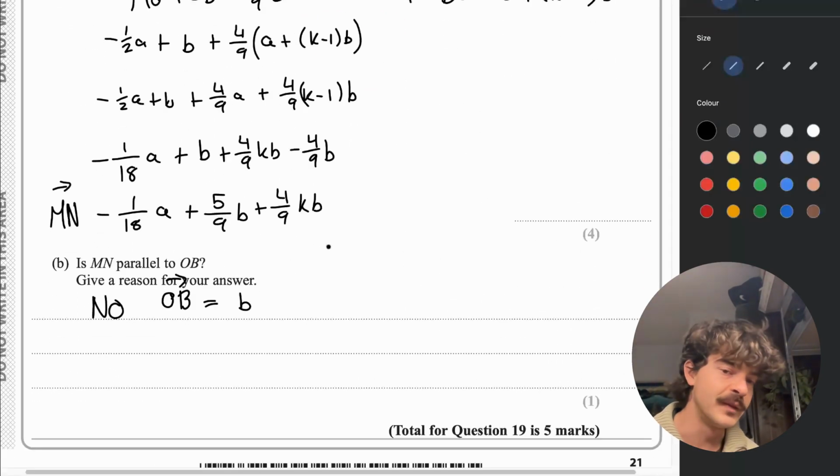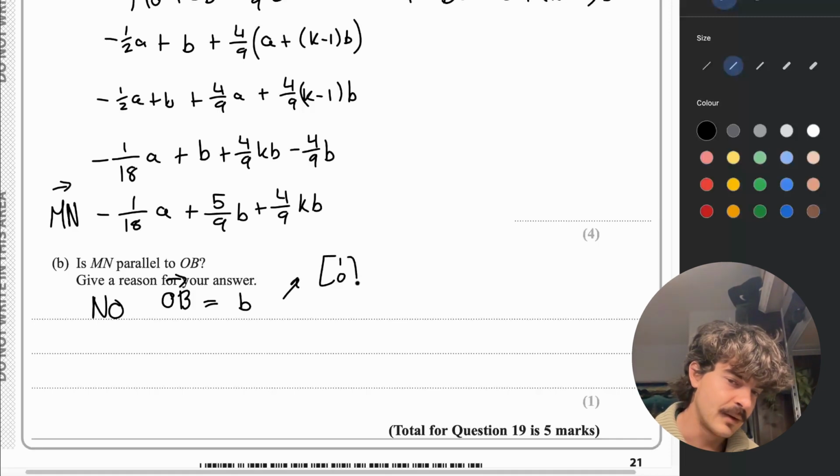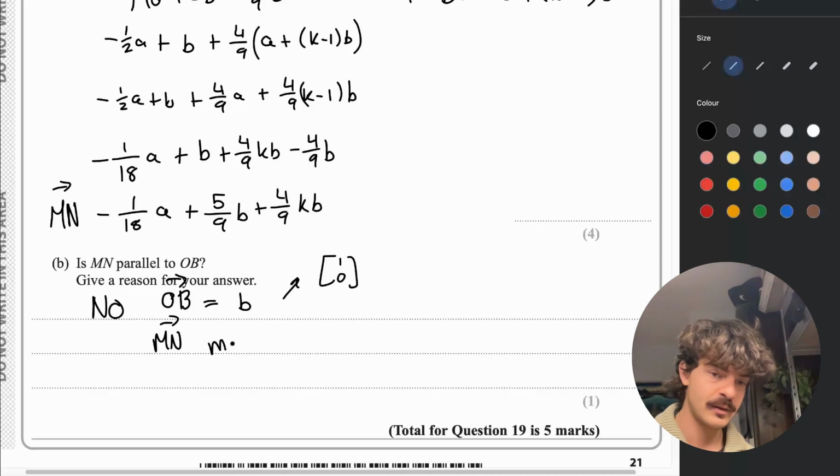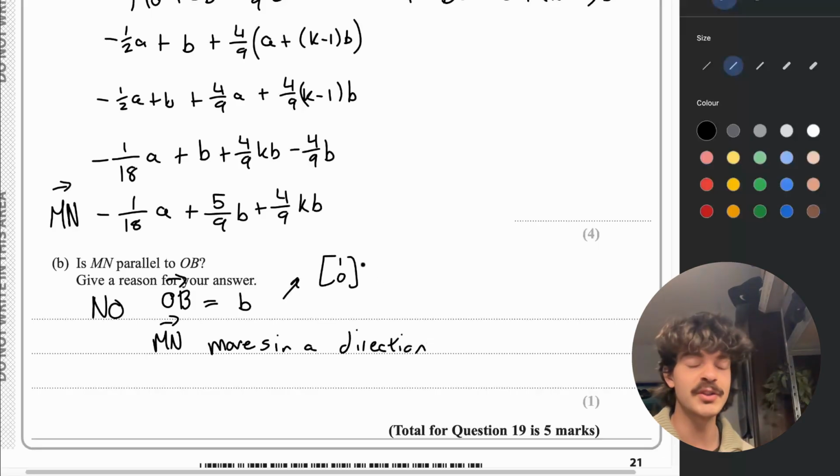Maybe if it was a column vector, you could think of it as (1, 0). But our movement from M to N also slightly moves in the A direction. It's got some movement in the B direction, don't get me wrong, but it also moves in the A direction. And because it does that, it can't possibly be parallel to OB, which only moves in the B direction.